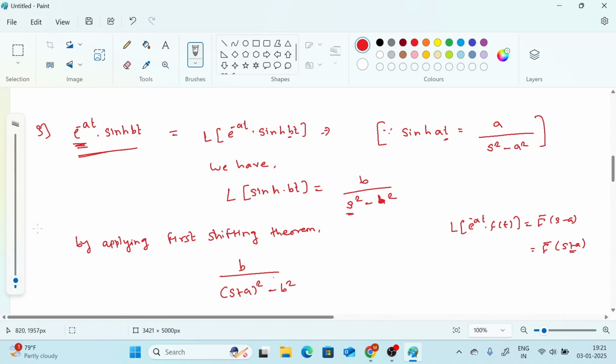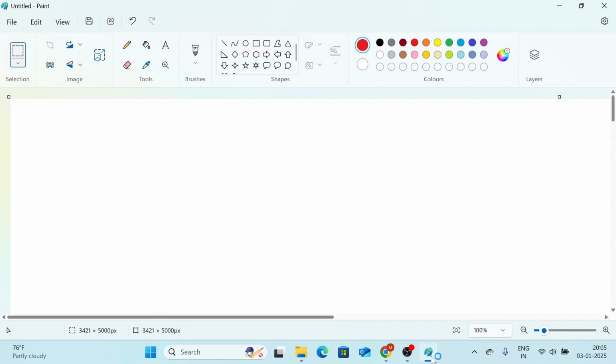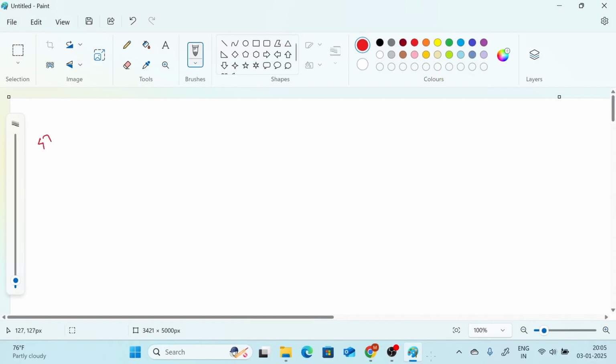This is the value of Laplace of e raised to minus at into sine hyperbolic bt, right? This is the third example. Now we are going to the fourth example.